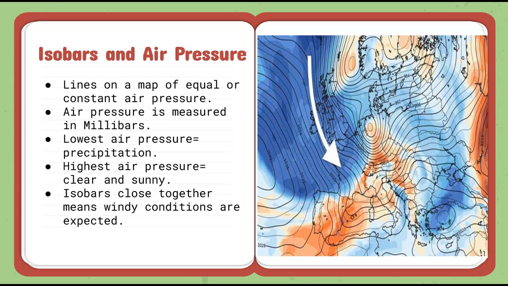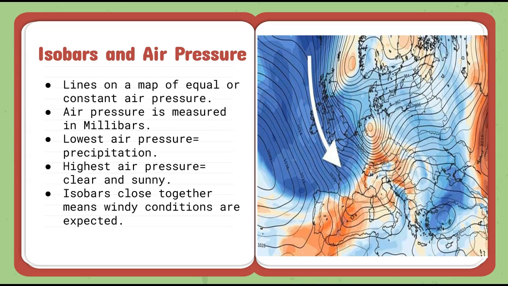So let's go back to isobars a little bit here. Isobars, remember, are the lines on the map that show us equal or constant air pressure in a specific area. This map is showing us, I believe, Australia. And air pressure on a map like this is measured in millibars.